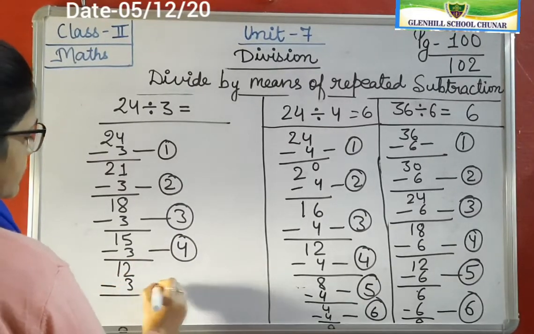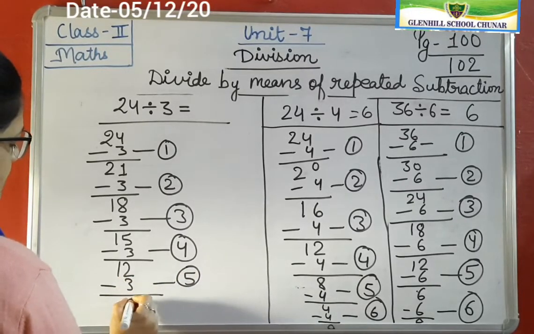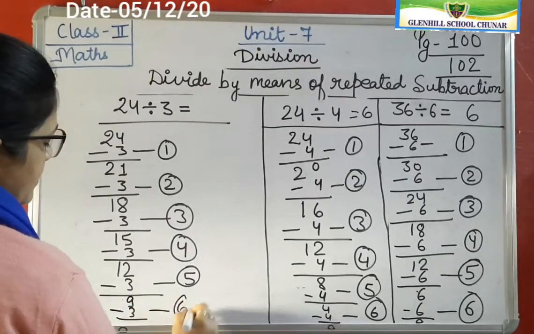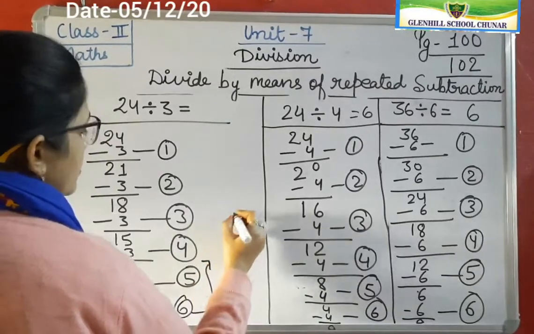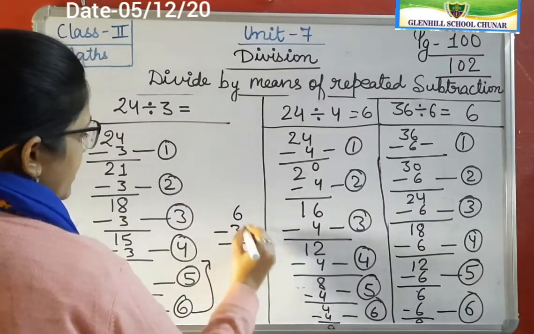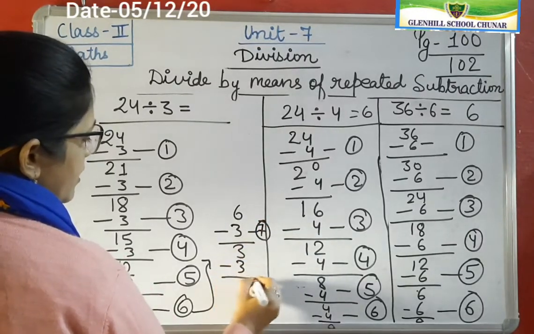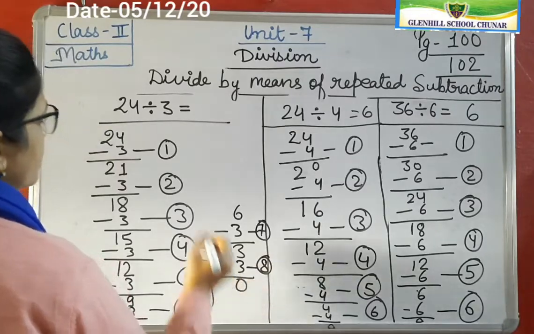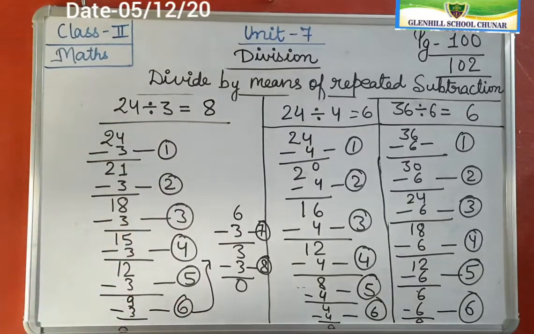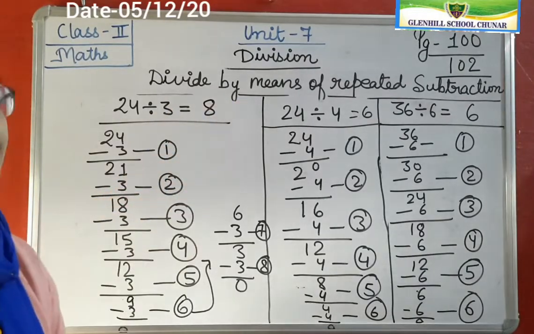Again 3, 5 times, here it comes 9. Again 3, 6 times, 9 minus 3 is 6. 6 minus 3, 3, 7 times. Again 3, 8 times, 0. So 24 divided by 3 is 8 times. So these all are about repeated subtraction.